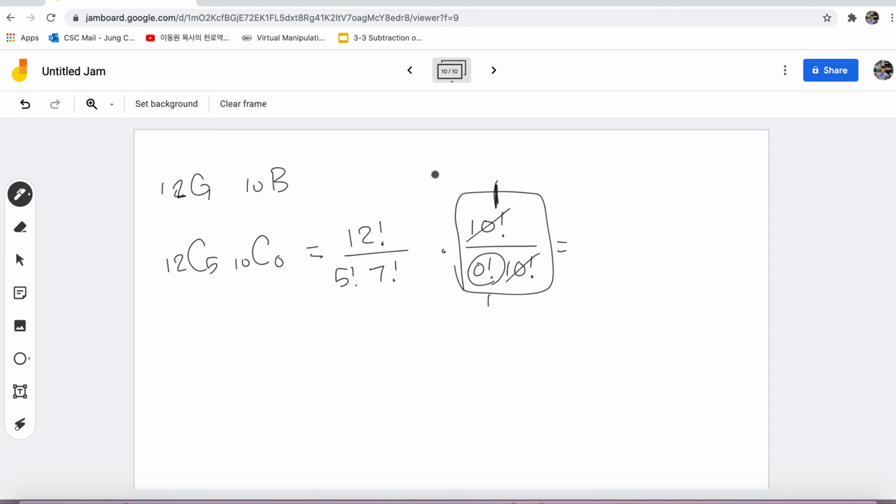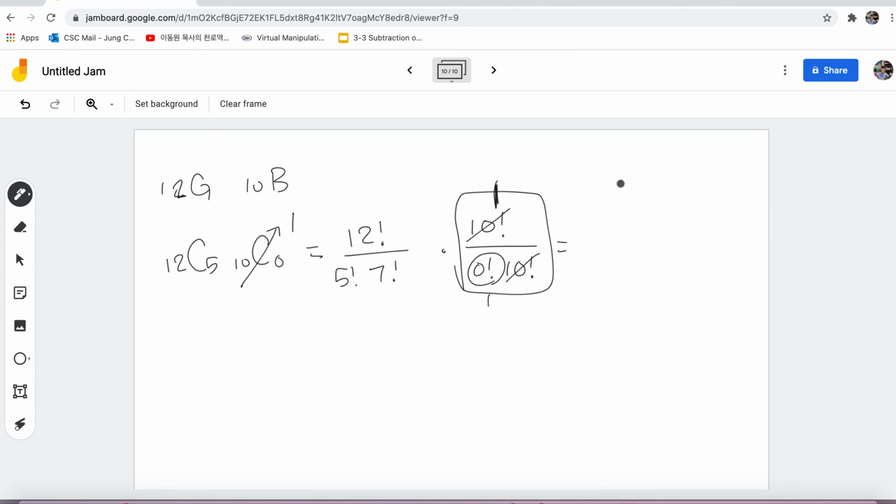And think about it. Choosing no boys, that's the only way, right? So 10 choose 0, you can automatically think that is 1. So you can just consider choosing 5 girls. You don't even have to think about choosing any boys there. Okay? So solving this one, I'm not gonna do all the procedures because by now you need to know, right?